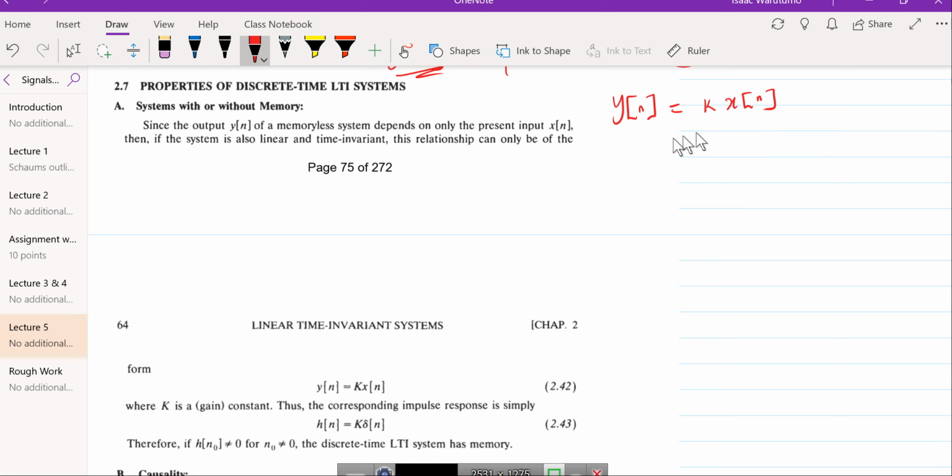That says that y of n will be 0 if the input has not been applied or the input is 0.